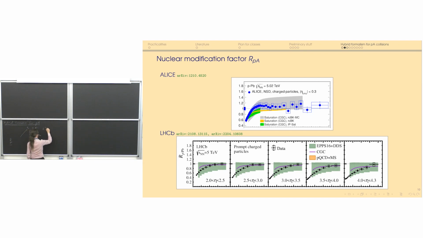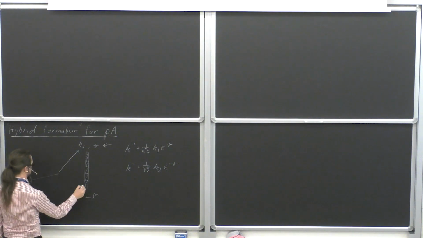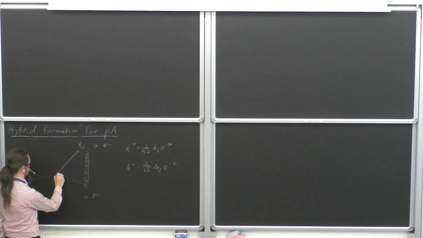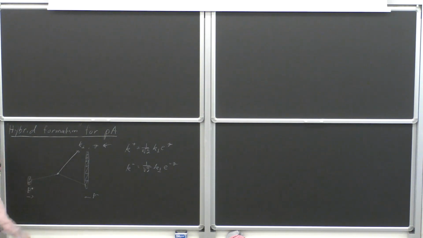It has a k plus, which in my normalization is the transverse momentum times the exponential of the rapidity, and it has a k minus, which is just the transverse momentum times the exponential of minus the rapidity. Okay, so there's some degree of freedom coming in: something comes in from here, and something comes in from the nucleus, and these things together generate this particle at forward rapidity.